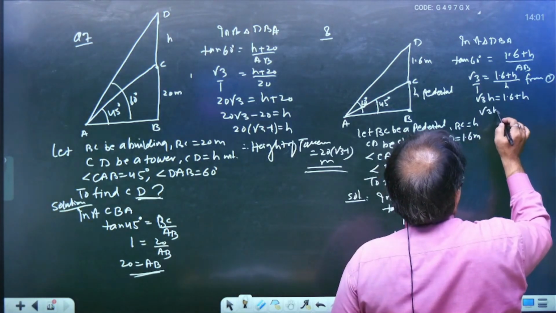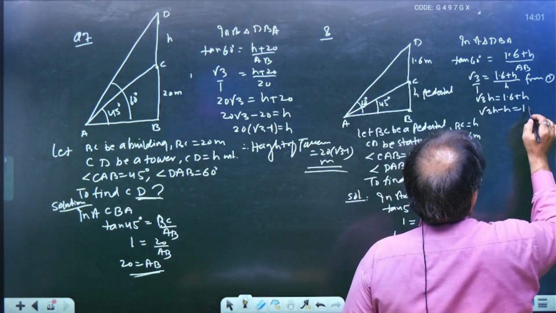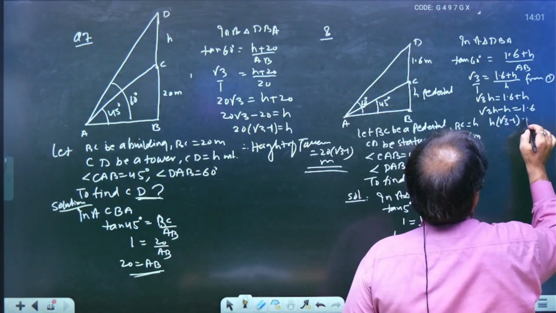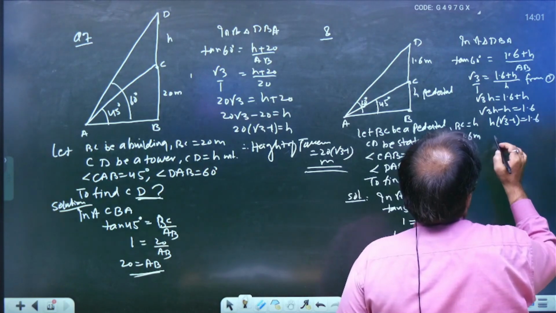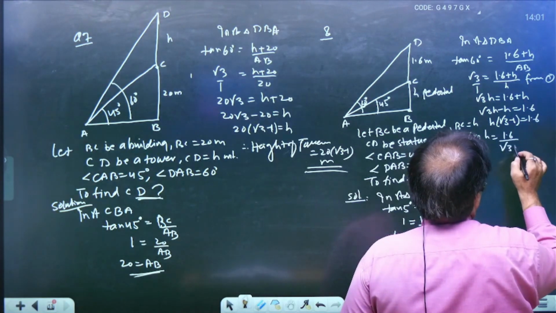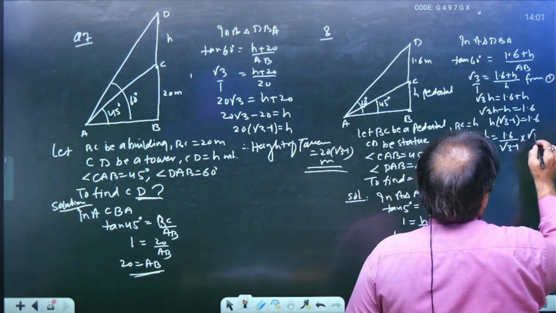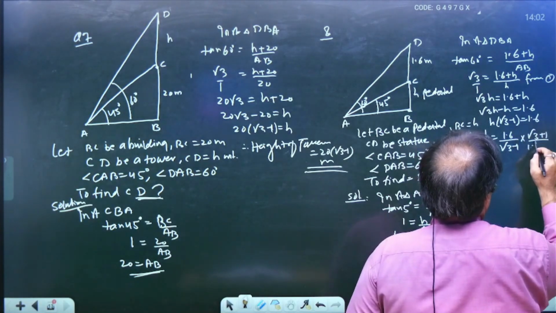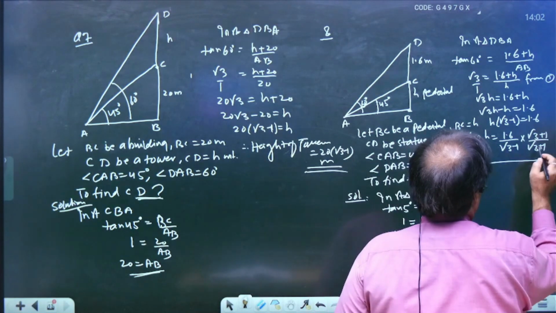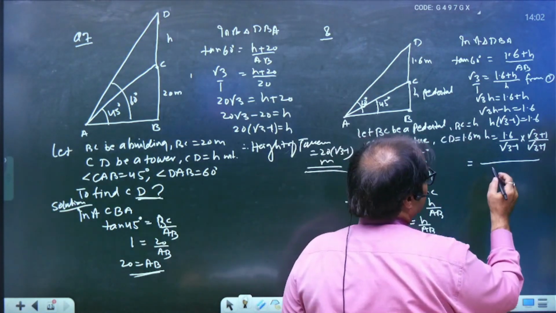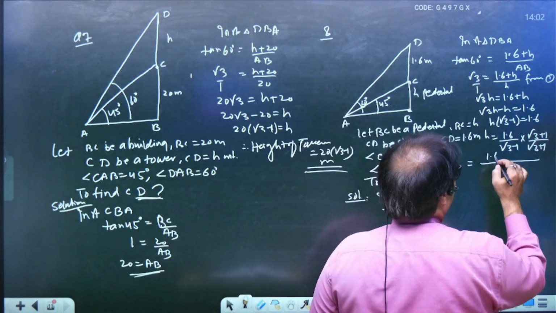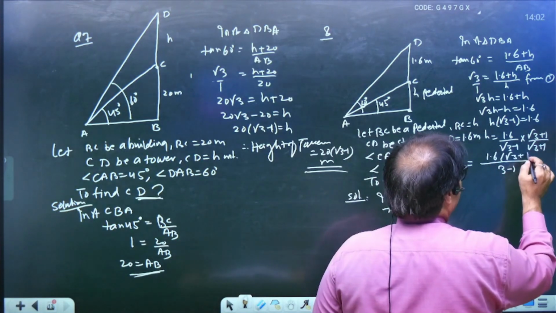Do the like terms: root 3 H minus H equals 1.6. So take H as common, H into root 3 minus 1 is equal to 1.6. So H is equal to 1.6 divided by root 3 minus 1, and now rationalize it. This is the form a minus b into a plus b, so that is a square minus b square: 3 minus 1, and 1.6 into root 3 plus 1.